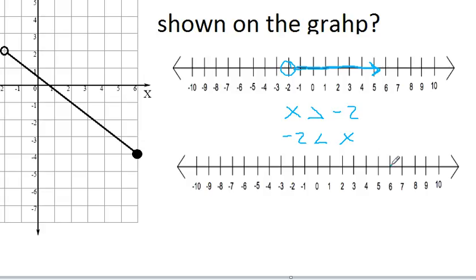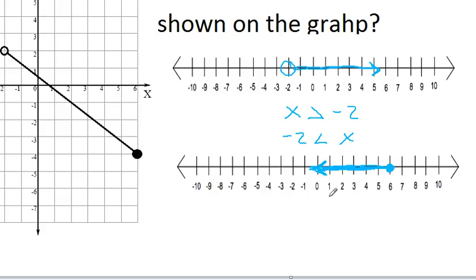So plot +6, and this time you see this is a closed circle. We'll draw a closed circle, and since all x values that are plotted are to the left of 6, I'm going to draw my arrow at values less than 6.